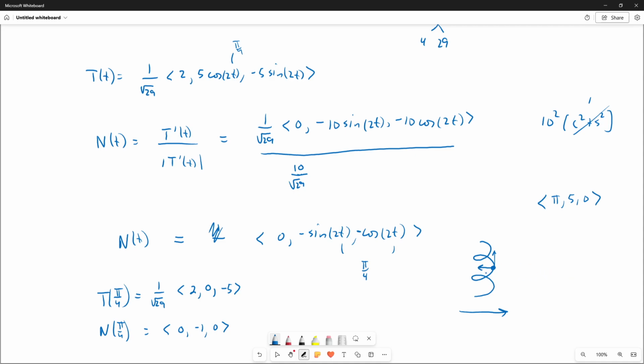So the curve was bending this way, and so that's the direction. Because if you have a tangent vector here, a normal vector could be in either of those two directions. The unit normal vector always points in the direction that the curve is bending.